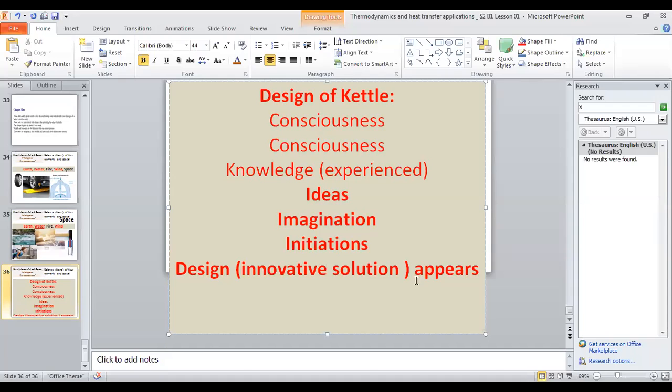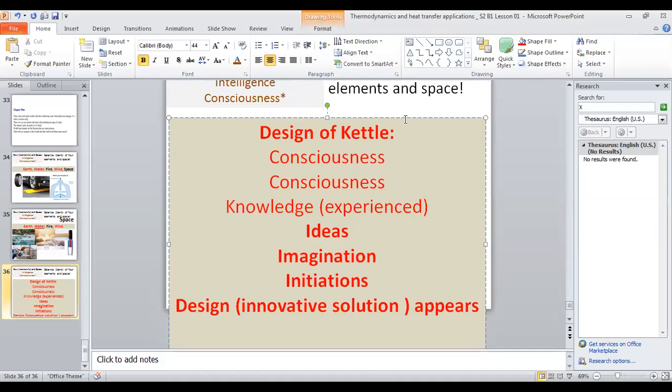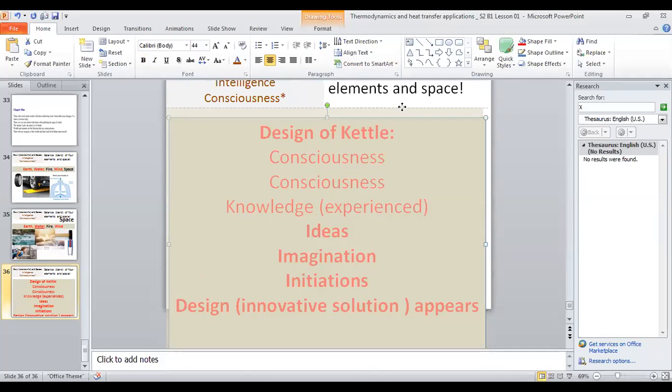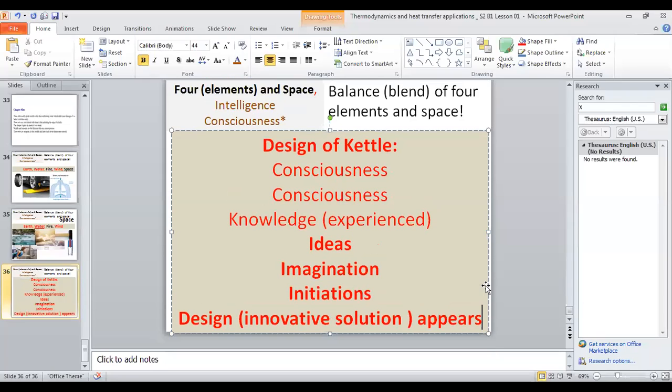That's how your approach should be. A simple thing: design a kettle. An innovative design or solution appears.